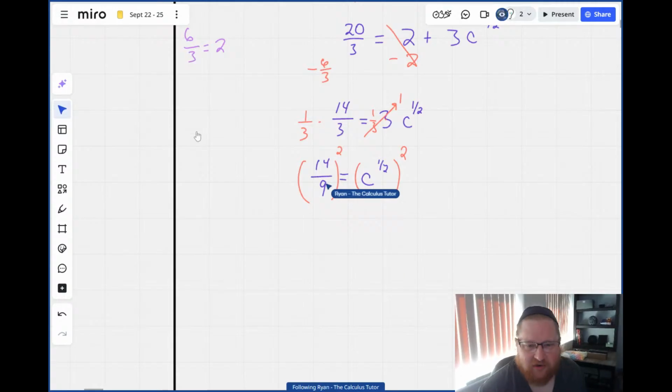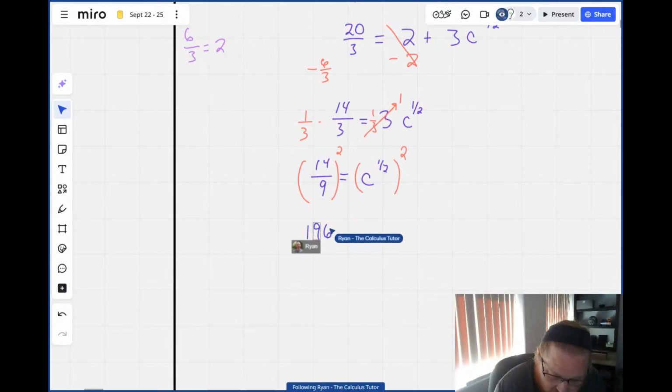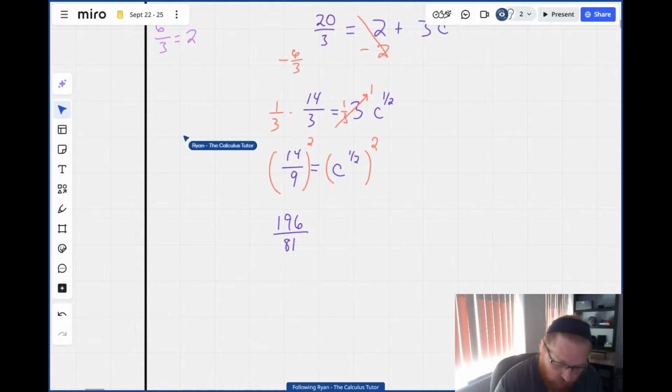I have a calculator right here. Yeah, 196. All right, this is 196. The way you square fractions, right, this is 14 over 9 times itself. So 14 times 14 over 9 times 9, 81. So this is equal to C.